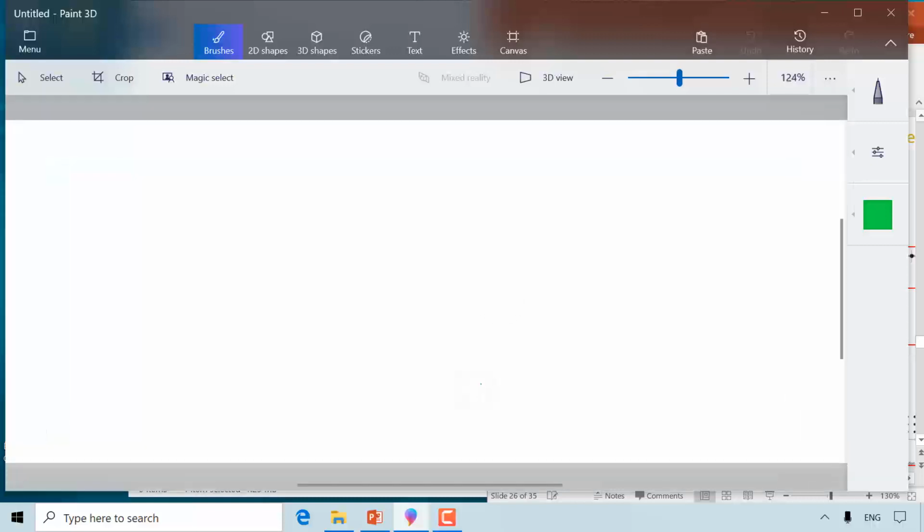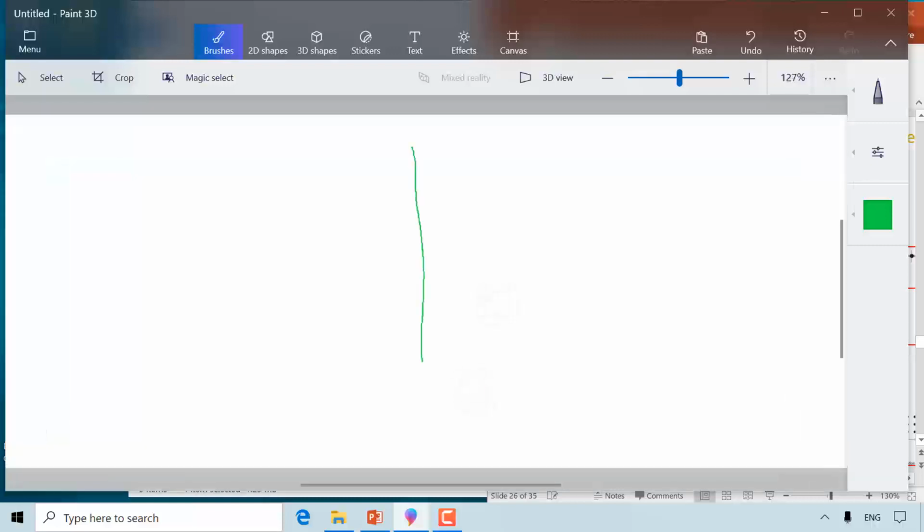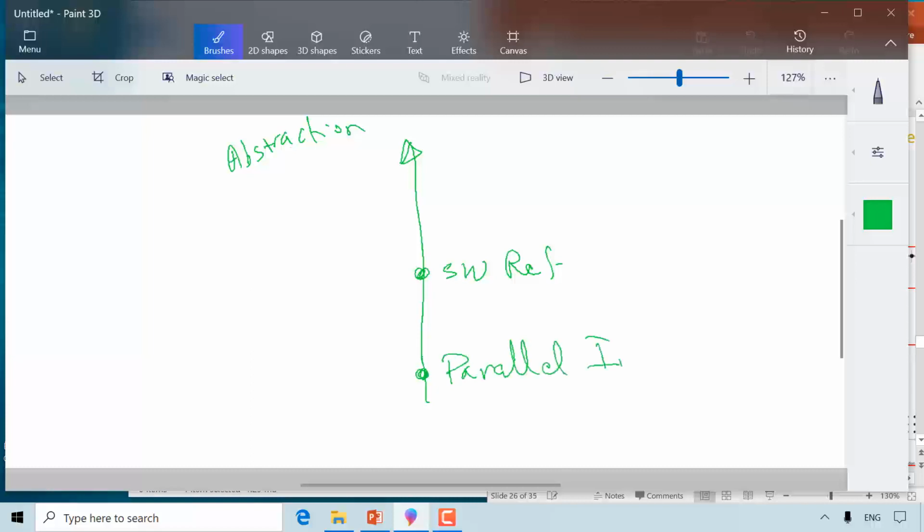In essence, what we are doing here you will see in the level of abstraction. Our software reference design is somewhere in the middle of this abstraction scale, and our parallel implementation requires a lot of details, so it is lower in abstraction than the software reference design.